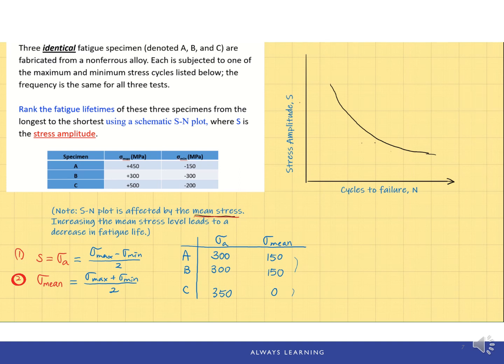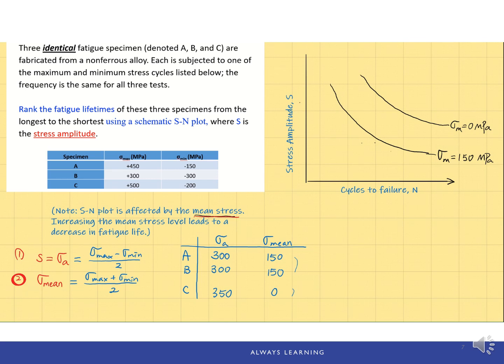Apparently, we will have two SN curves, and the bigger the mean stress value, the lower the SN curve is located on the plot. So if I have two curves, the bottom one has the bigger mean stress value. Let's say this is 150 megapascal of mean stress, and the curve for a mean stress of 0 will be above it.